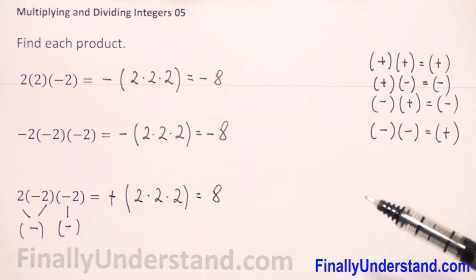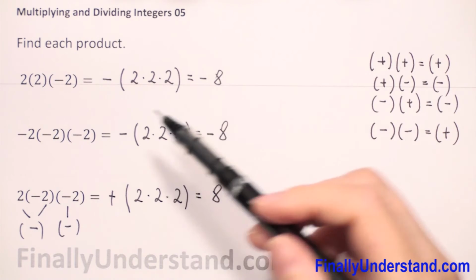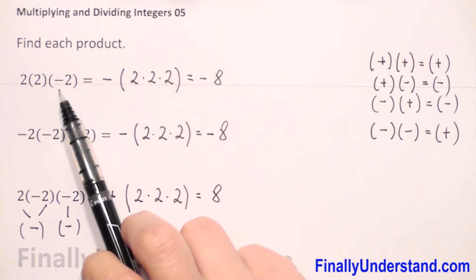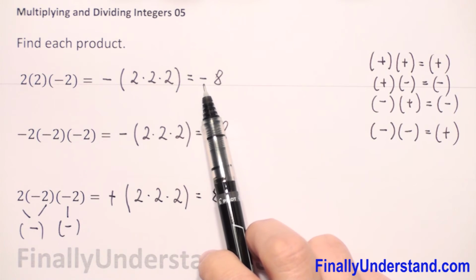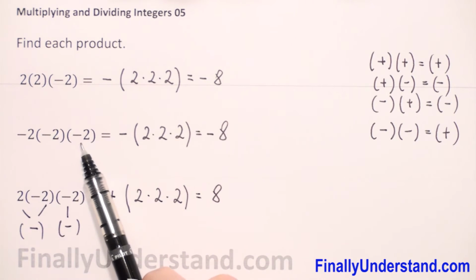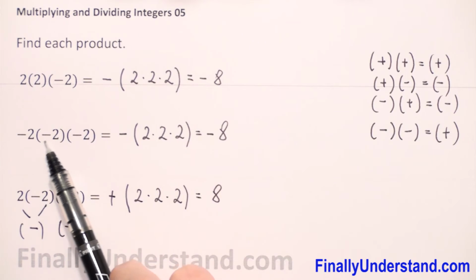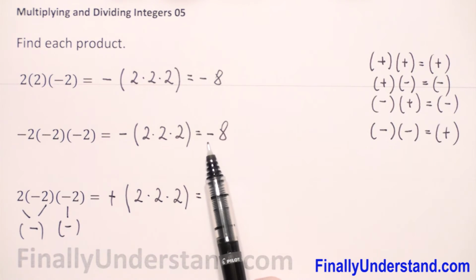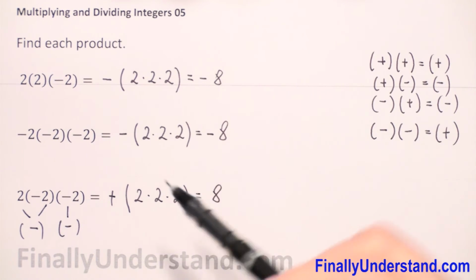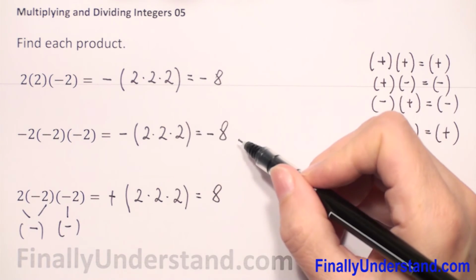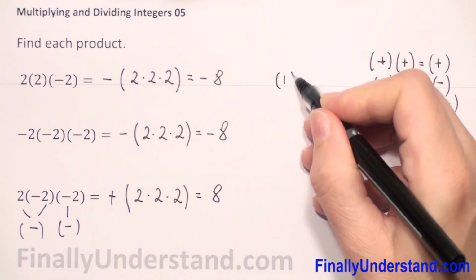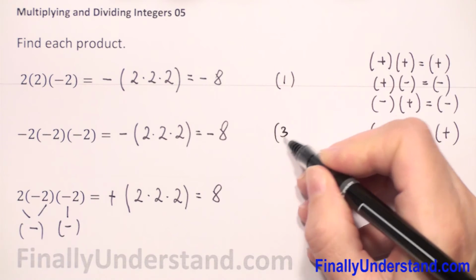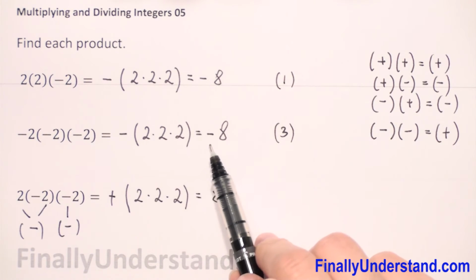So now let's see what we get here. When we have three numbers and one was negative, the answer is negative. When we have three numbers and three negative numbers, the answer is negative. So when we have one number negative, or three numbers negative, the answer is negative.